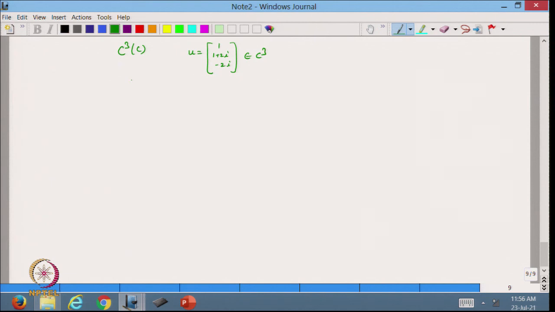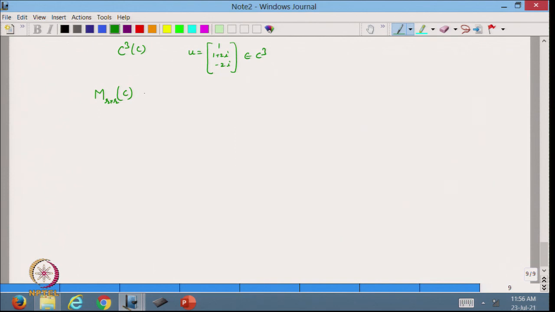Now, once we define the vectors, I want to define the matrices. So, these matrices we want to define of, suppose, order R cross R over complex. It means that the elements of the matrix can be complex numbers.